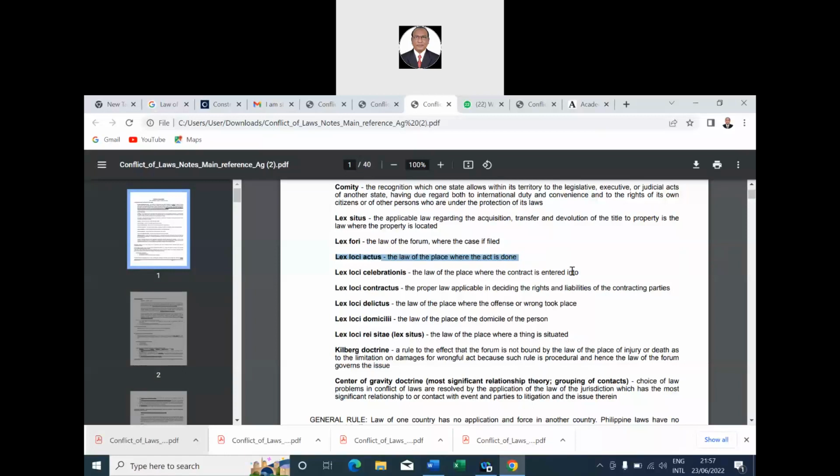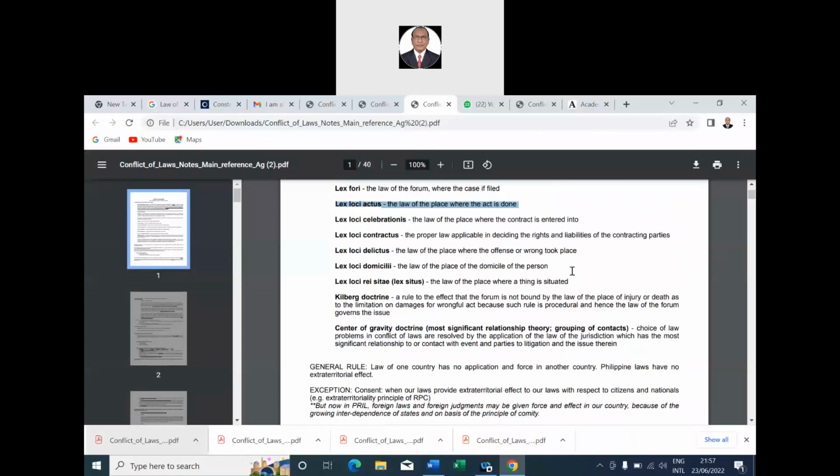Yes, sir. Now here is the Kilberg Doctrine, because we did not study this. The Kilberg Doctrine says a rule to the effect that the forum is not bound by the law of the place of injury or death as to the limitation of the damages for a wrongful act, because such a rule is procedural and hence the law of the forum governs the issue.